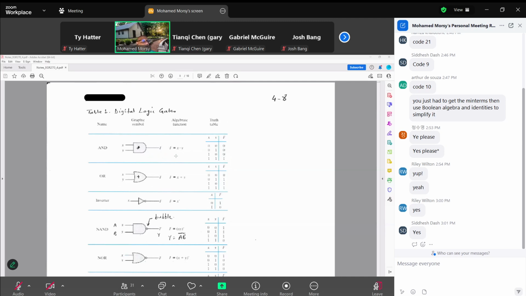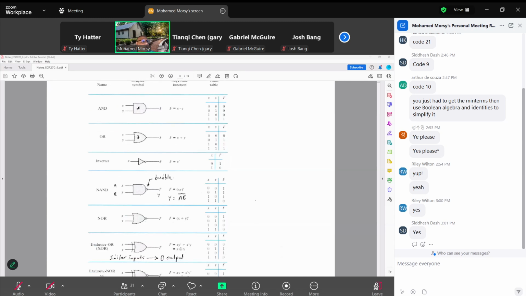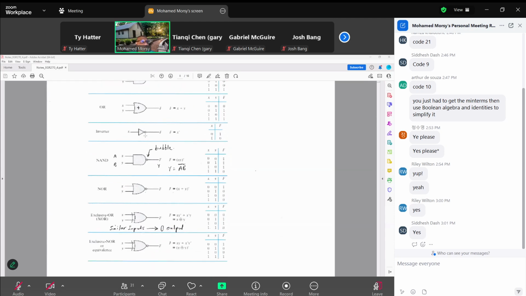So F equals XY, and this is the truth table. 0,0 is 0, 0,1 is 0, 1,0 is 0, 1,1 is 1. OR gate, F equals X plus Y, and this is the truth table. NOT gate, if the input is X, F is X inverted, or X not.